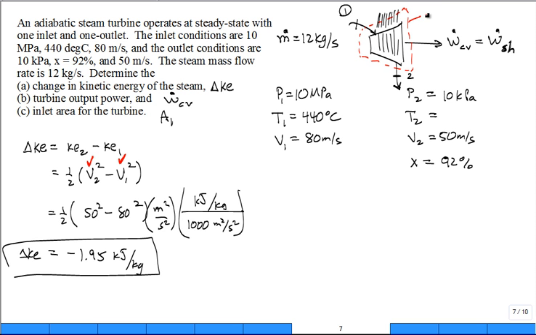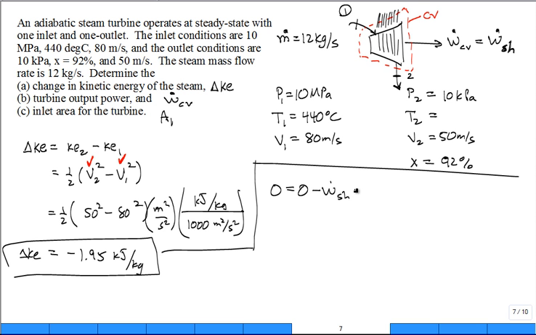Go back to this control volume, apply the first law, conservation of energy, or energy balance for that control volume. It's steady state, so I'm going to have 0 is equal to 0 minus W dot shaft plus the mass flow rate of the enthalpy coming in minus the enthalpy going out plus the kinetic energy coming in minus the kinetic energy going out.